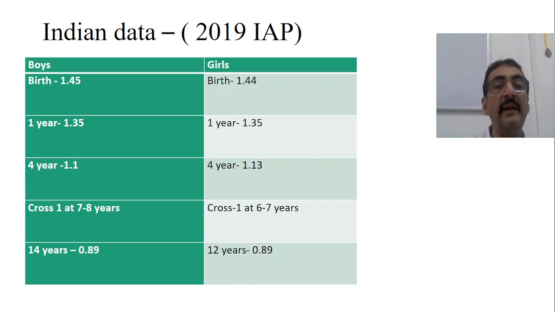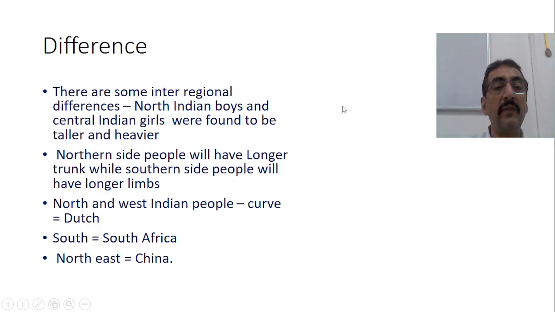Now this is the Indian data for this particular upper segment lower segment ratio. Okay, for the boys and girls it is given. Now there are some inter-regional differences in this short stature. North Indian boys and Central Indian girls were found to be taller and heavier.